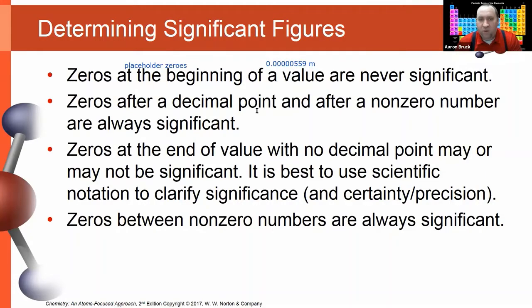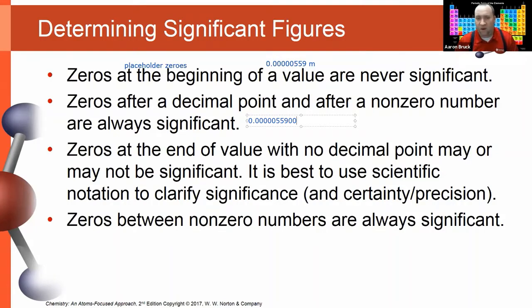When we have zeros after a non-zero number, they tend to be significant, with one notable exception. So if I have a decimal point, let's take this value again, 0.0000059.